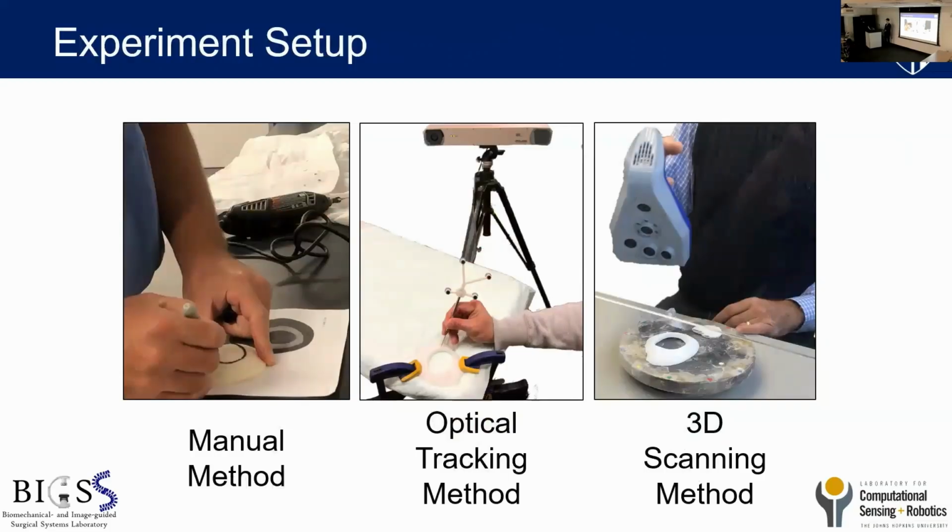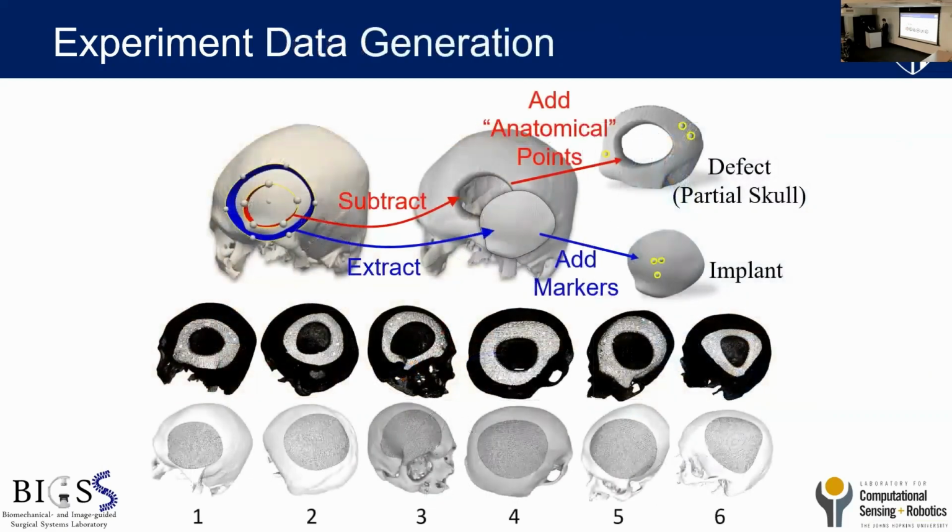And we conducted experiments to evaluate our approach against the conventional manual approach and the optical tracking method. We generated six sets of data of oversized implant and the defect at different locations of the skull. And to save 3D printing materials, we only 3D printed the partial skull.